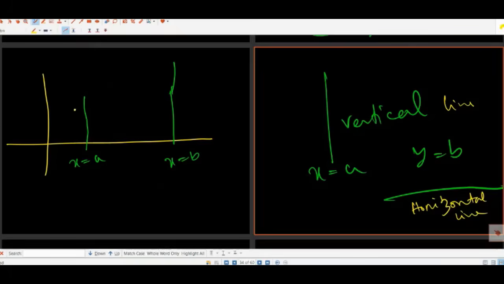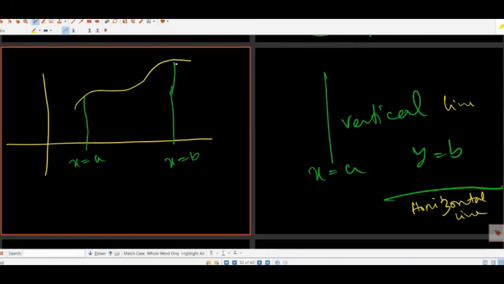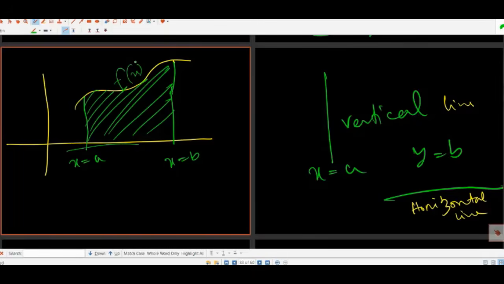Suppose we have a curvy region bounded by x equal to a and x equal to b, and we have y equals f of x here. This time f of x is a curvy function, and our target is to find the area between the x-axis and this curve. How can we find it? This is a big question.